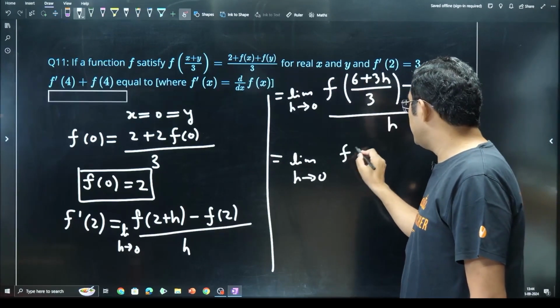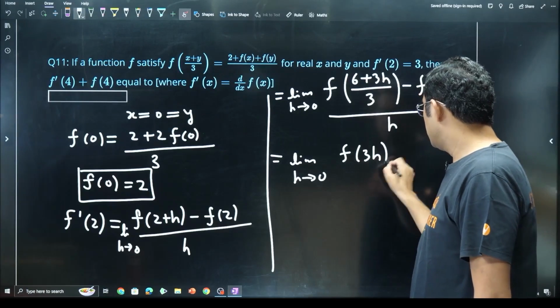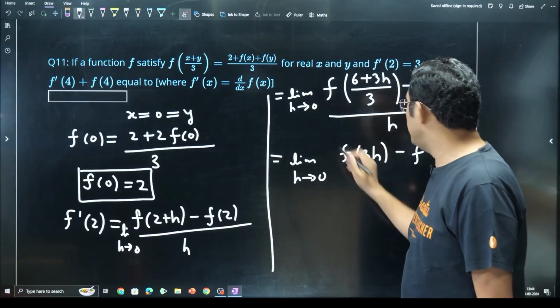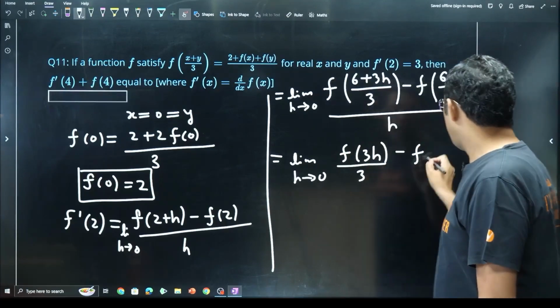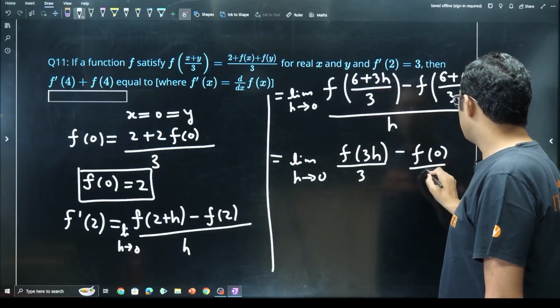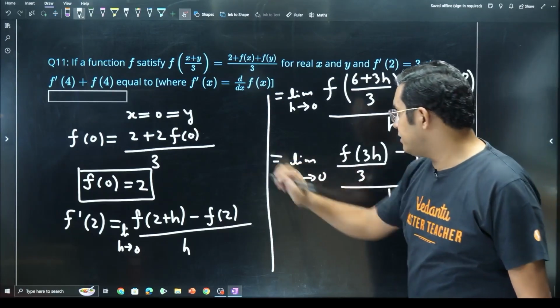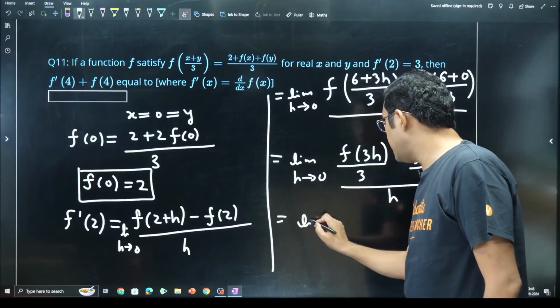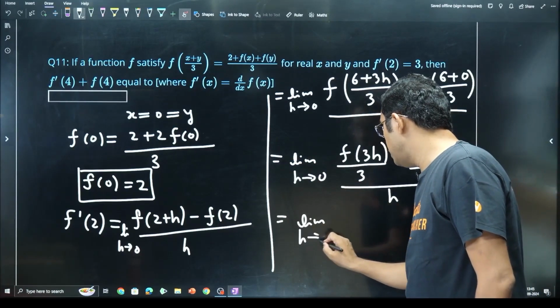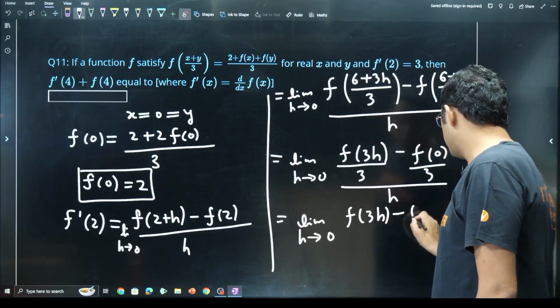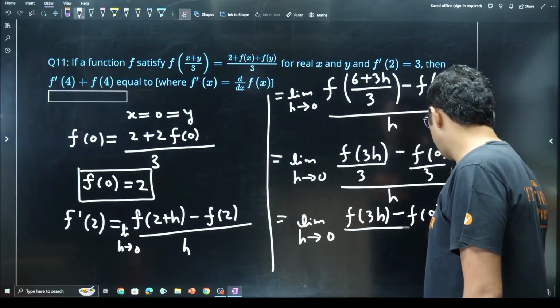So we will be left with f of 3h upon 3 minus f0 upon 3, whole divided by h. Okay, f0 I think was not required here. Maybe I can do it directly. Limit h approaches 0, f of 3h minus f of 0, whole divided by 3h.